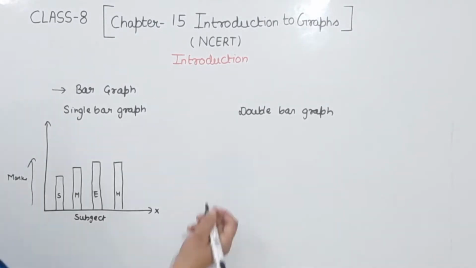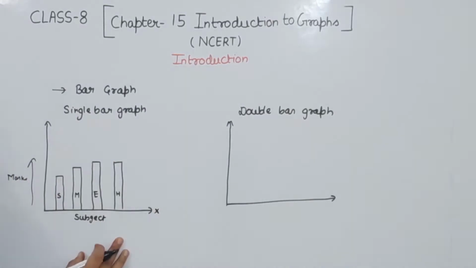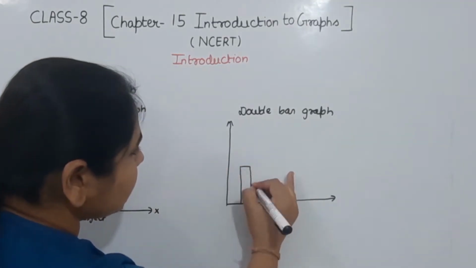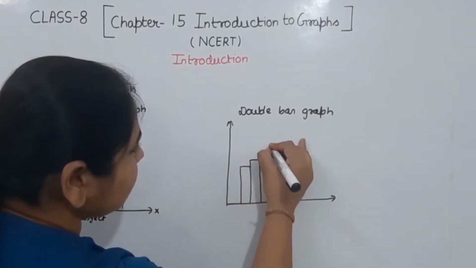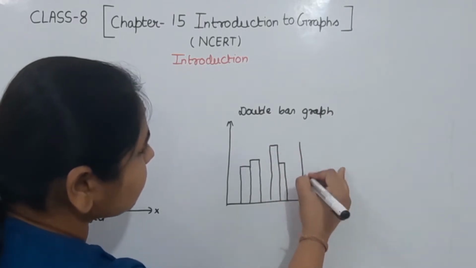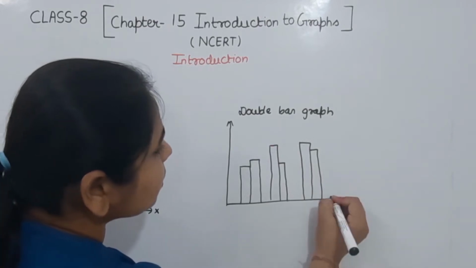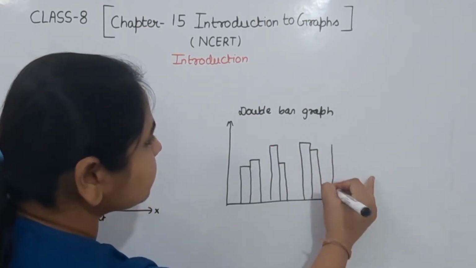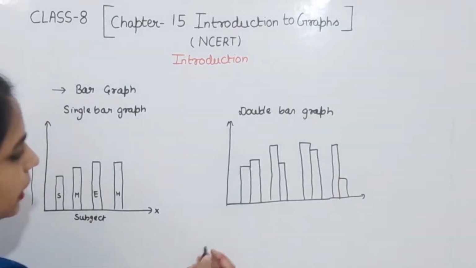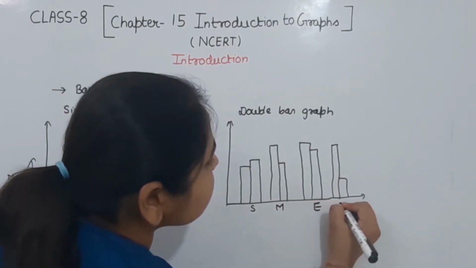Now the double bar graph, we are going to show the subjects but for two semesters. So these are the marks we have for science, maths, English and Hindi.